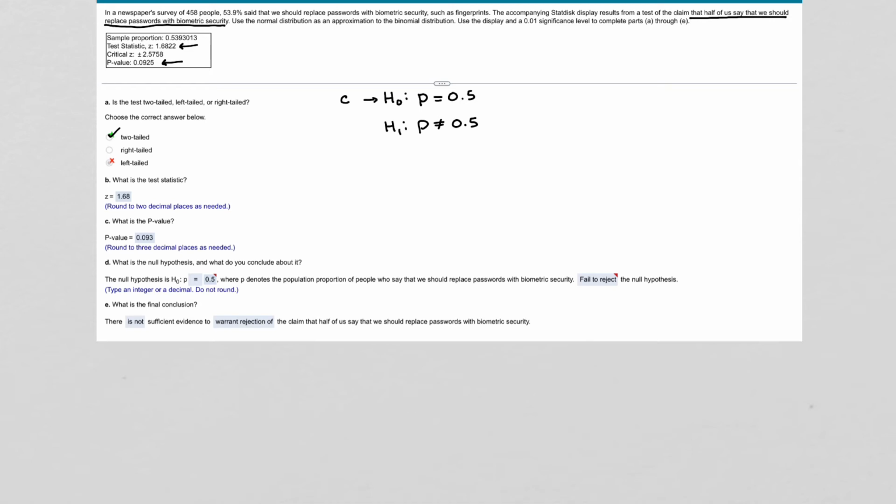So we have our critical z values, and I'm going to locate them on my normal distribution. That's going to be at plus or minus 2.5-ish, right about here.